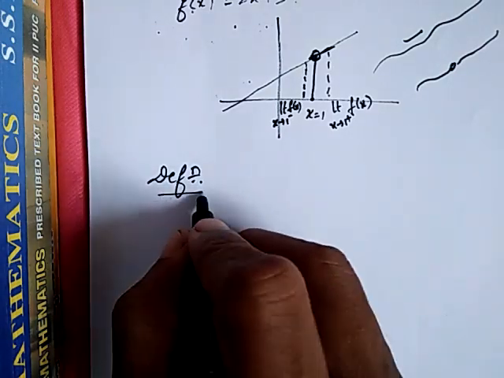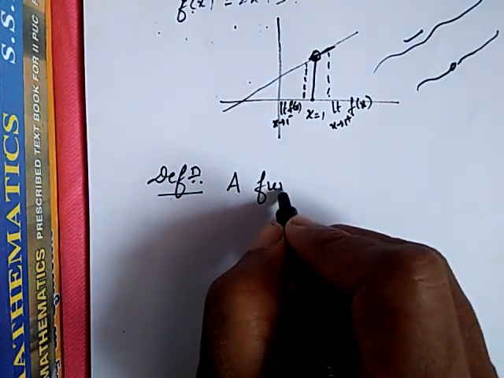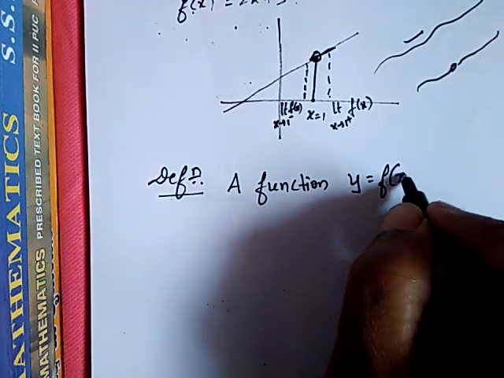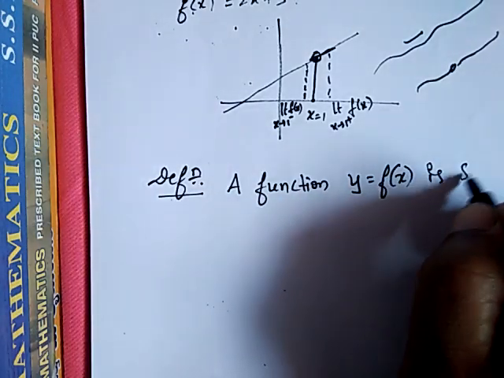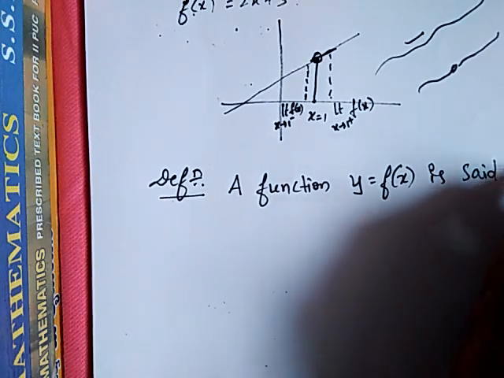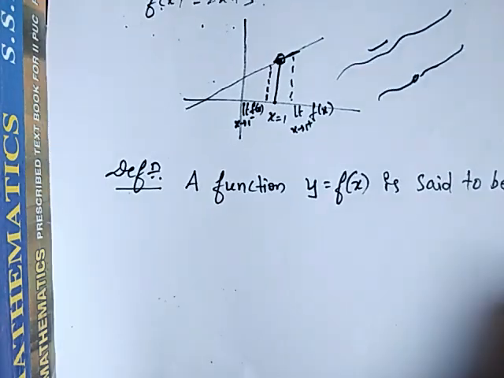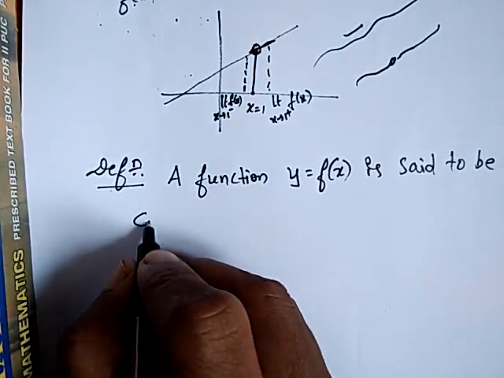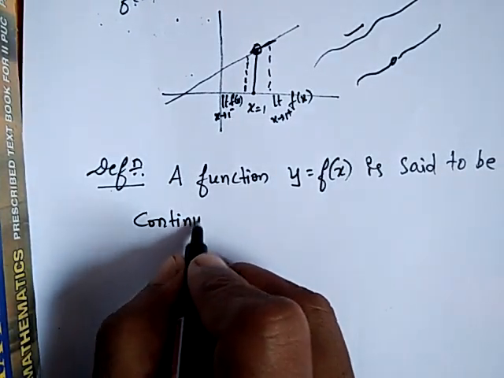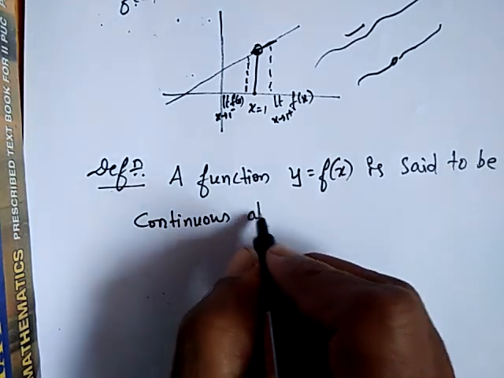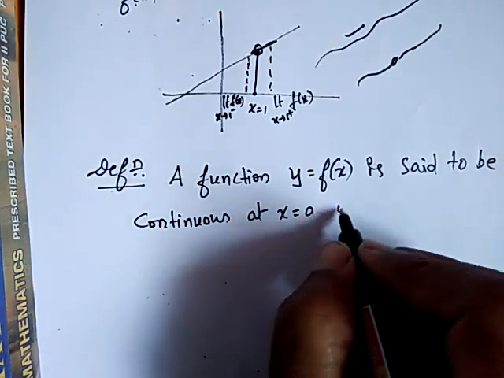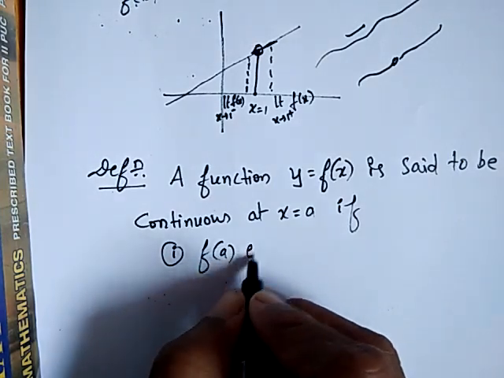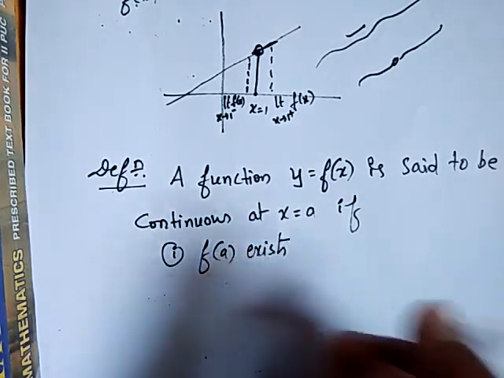In another definition I can say, a function y is equal to f of x is said to be continuous at x is equal to a if, first condition, f of a exists. f of a exists means the value of that function exists.